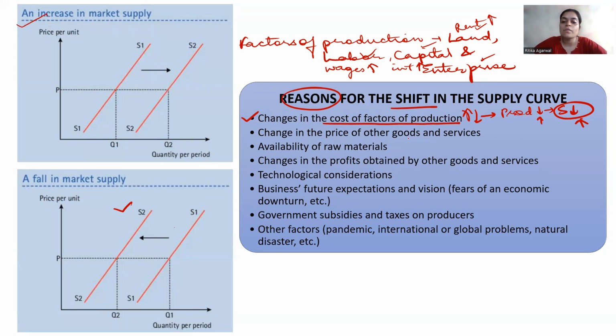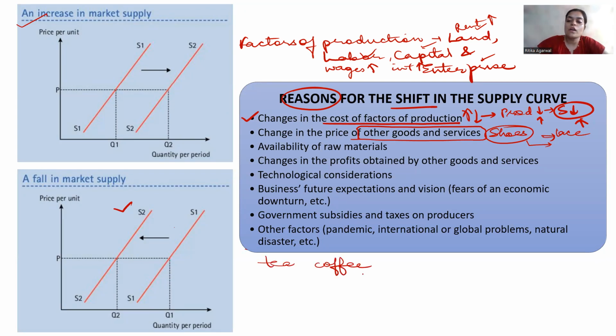Next is change in prices of other goods and services. Now, as we considered substitute and complementary goods in the demand curve case, we will be considering other goods and services. Suppose we take the example of shoes. The other goods and services related to shoes would be maybe lace, maybe other goods, or any kind of substitute goods. Suppose we take an example of tea and coffee.